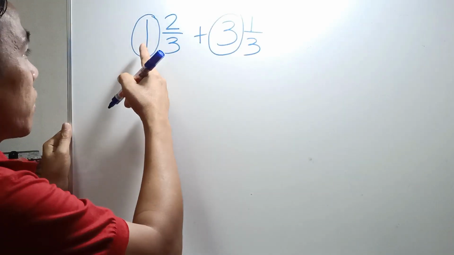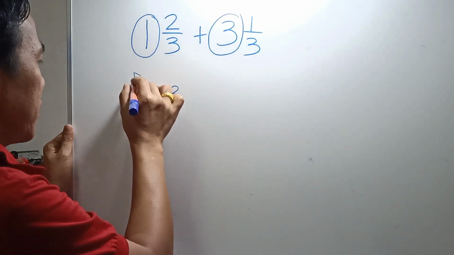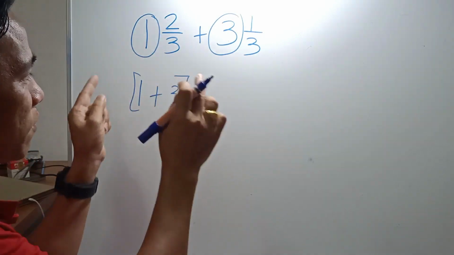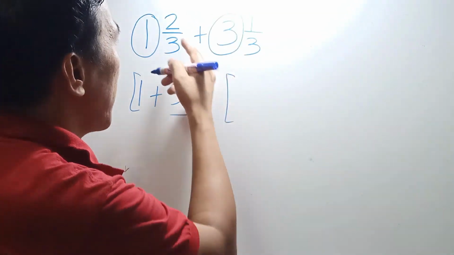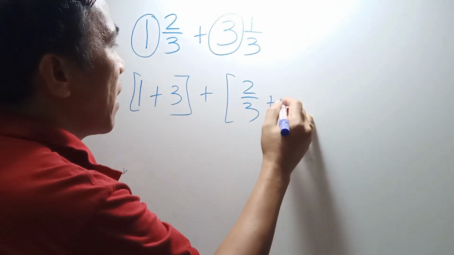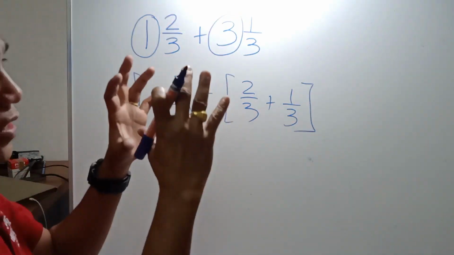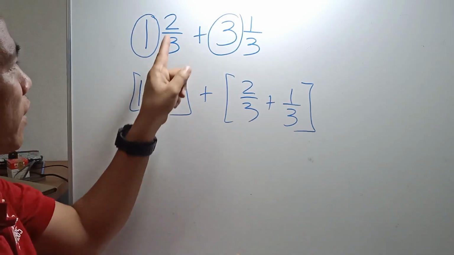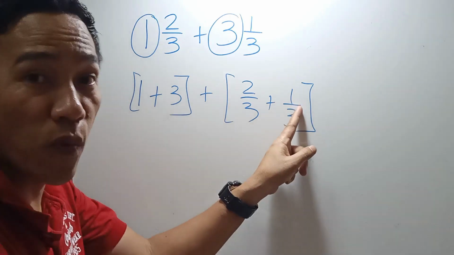So 1 plus 3, and I put a bracket to separate them, plus 2/3 plus 1/3. So I just separate them into two groups: the whole numbers 1 plus 3, and the proper fractions 2/3 plus 1/3.